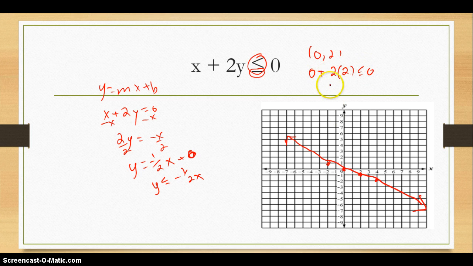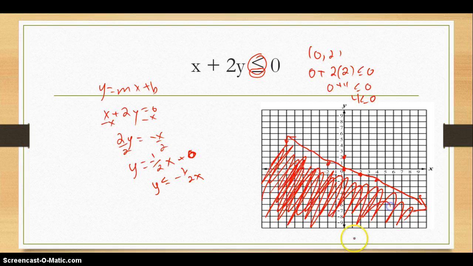Well, we know 0 plus 4 is less than or equal to 0. So is 4 less than or equal to 0? No, it is not. So we know that we will shade this side. The point that I picked did not make that statement true, so we're going to shade the bottom side of that.